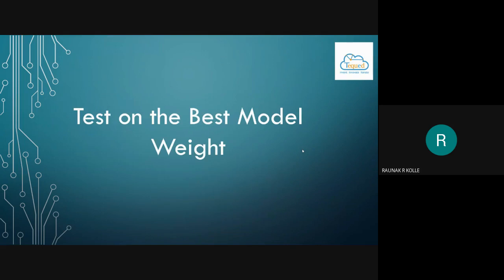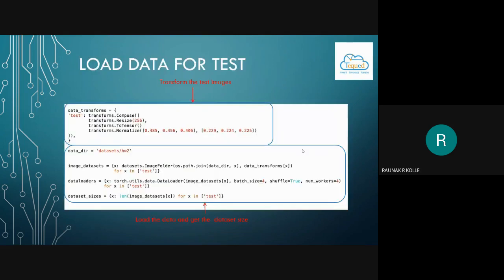Test on the best model weights. We load the data for the test by transforming the test images, that is composing it, resizing it, converting it to tensors and normalizing it, and then load the data and get the dataset.